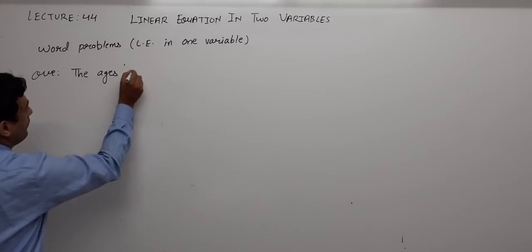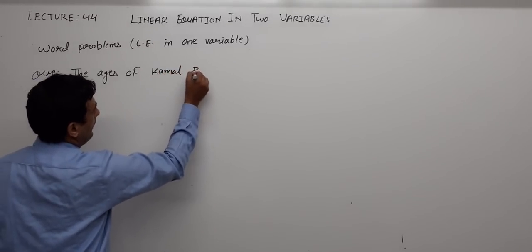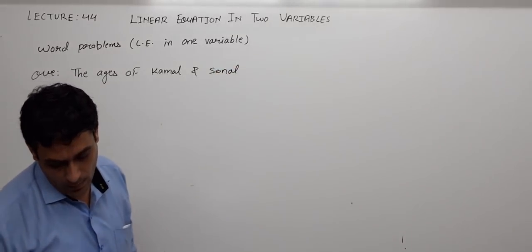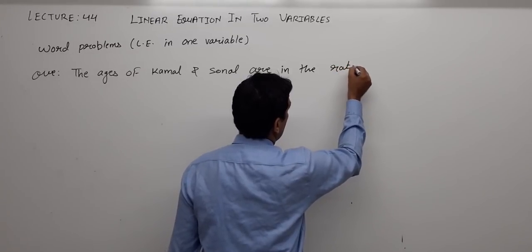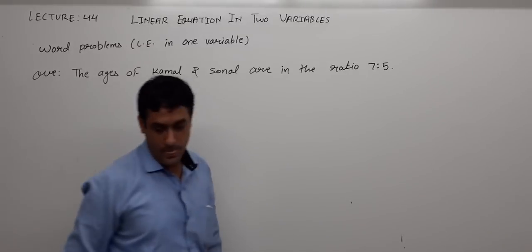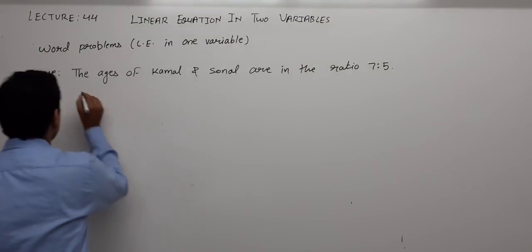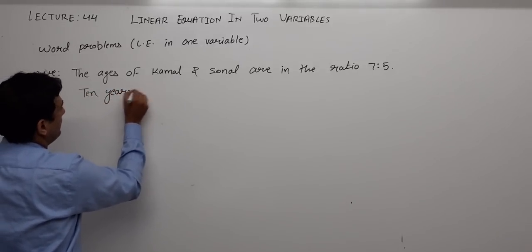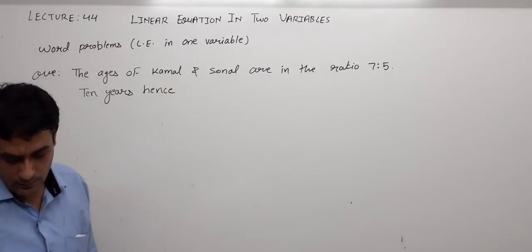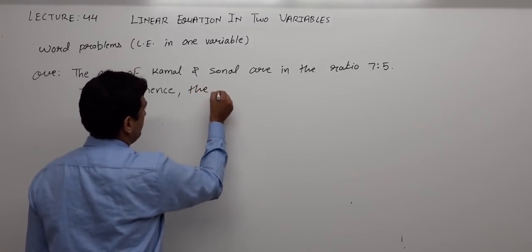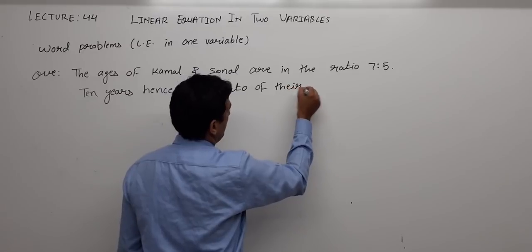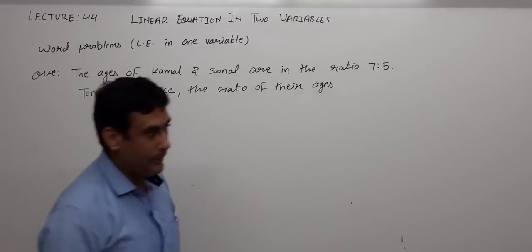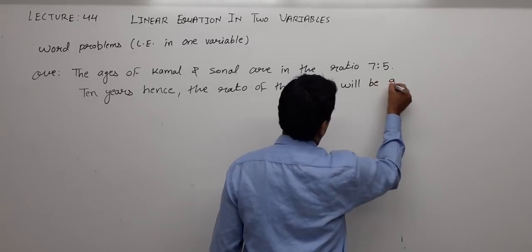The ages of Kamal and Sonal are in the ratio 7:5. 10 years hence, the ratio of their ages will be 9:7.